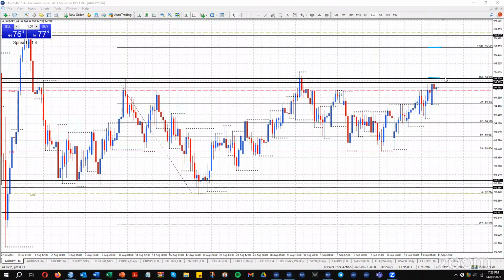And then you're targeting down to the bottom of the range. The bottom of the range is anywhere from 93.03 down to 92.78, approximately the 93 level. That gives you a good risk reward opportunity. You're only going to be wrong if price breaks out of the range.